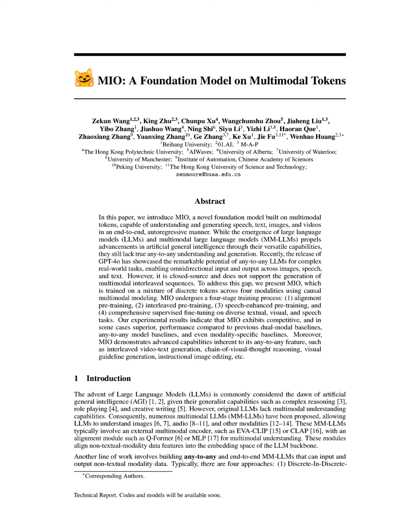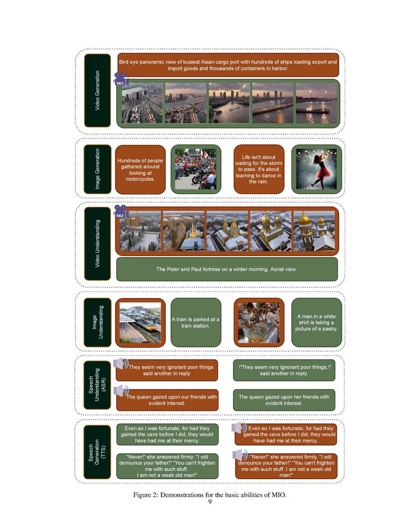The model then employs causal multimodal modeling to understand the context of both the video frames and the text, generating a coherent summary that interleaves both modalities. This output can include a combination of generated text and visual elements, demonstrating MIO's capability to produce multimodal interleaved sequences.